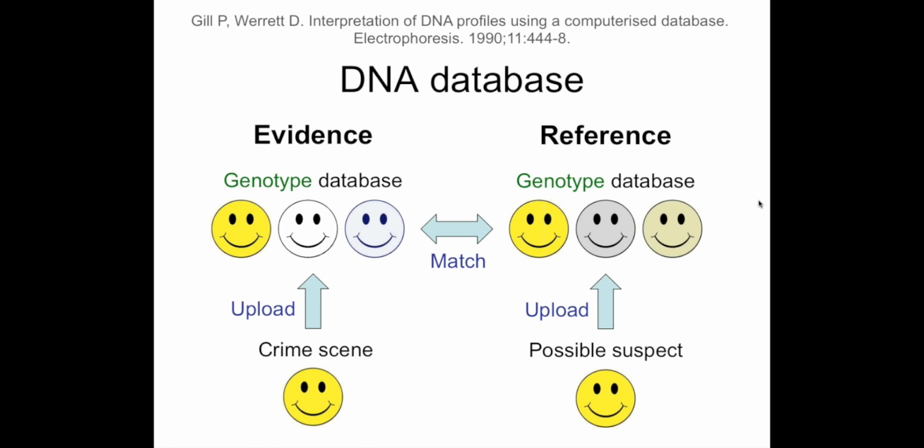And then, even though evidence may have been left at a crime scene and the crime not solved, and an individual who committed the crime is not a suspect, by matching, as is shown in the center, between the evidence genotype database and the reference genotype database, cold cases could be solved by connecting crime scenes to suspects through the genotypes on their database.